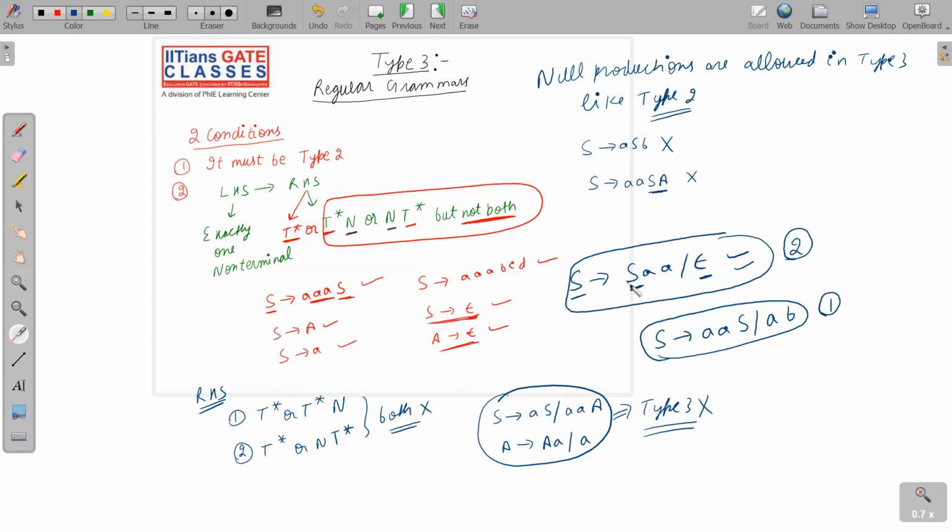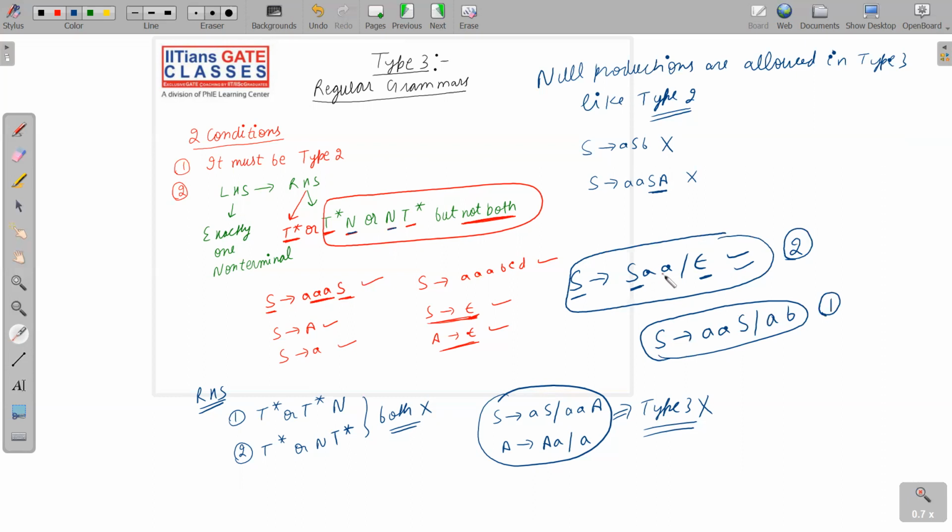You just have to remember one thing for type 3: there should be at most one non-terminal in the RHS, and that non-terminal should be either in the extreme left or in the extreme right, and these two conditions cannot be mingled up. For type 3, on the LHS there should be exactly one non-terminal, nothing more than that.